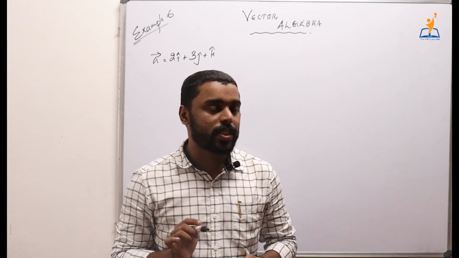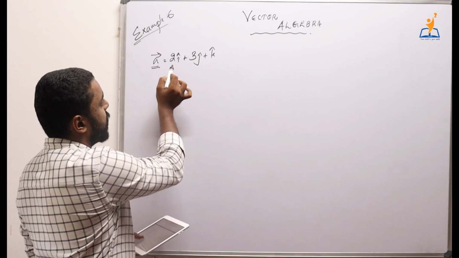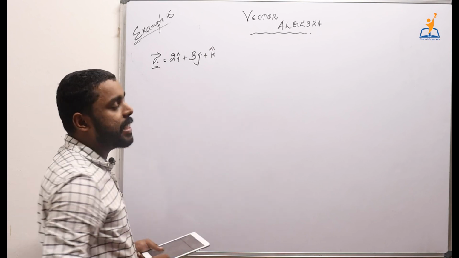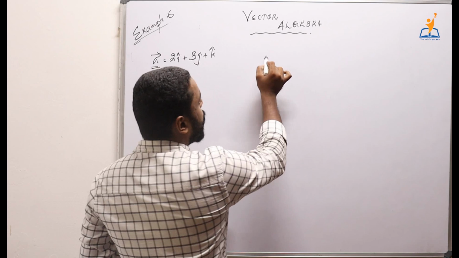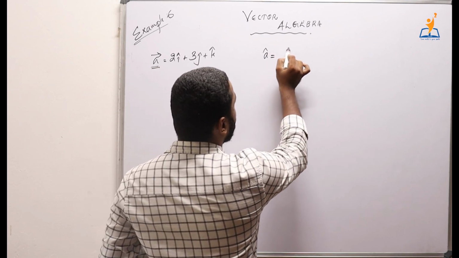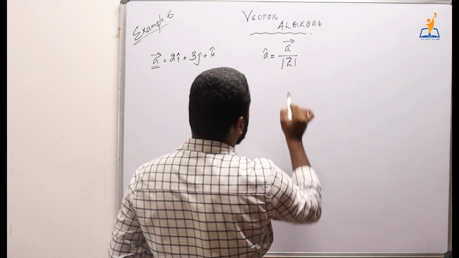Now the next question is, find the unit vector in the direction of the vector a, where vector a is equal to 2i cap plus 3j cap plus k cap. We know that the unit vector in the direction of a is denoted by a cap and we define it as vector a by the magnitude of the vector a.